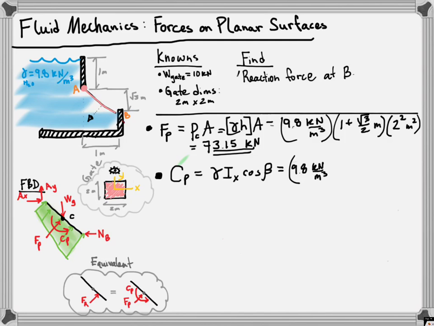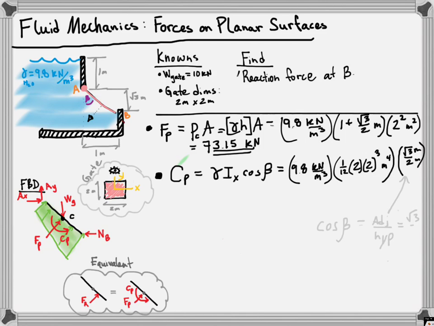So when we put in the specific gravity, we put in our information for the second moment of inertia. We have this funny little part over here, cosine beta. Now we know that cosine beta ultimately is just a ratio of sides. It's adjacent to hypotenuse. So if you go up here, and this is a little bit tricky, but you could maybe envision here a right triangle that looks like so.